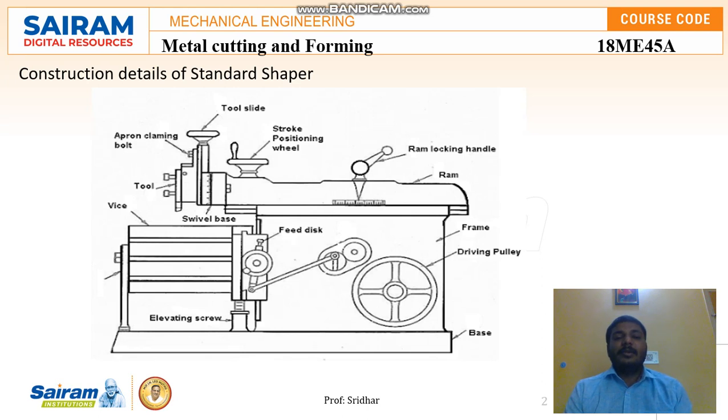By repeating this process continuously, a slot, keyway or groove can be formed even in very hard materials. Since hard materials take more machining time, the shaping machine is used to make keyways, slots and grooves in them.